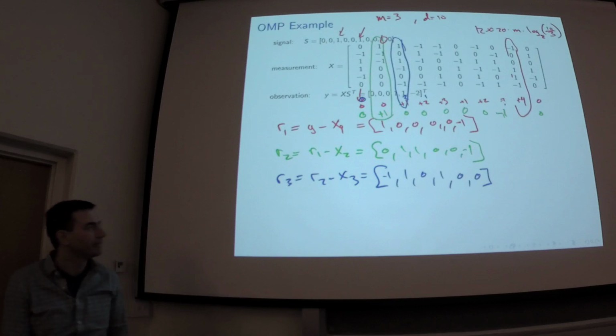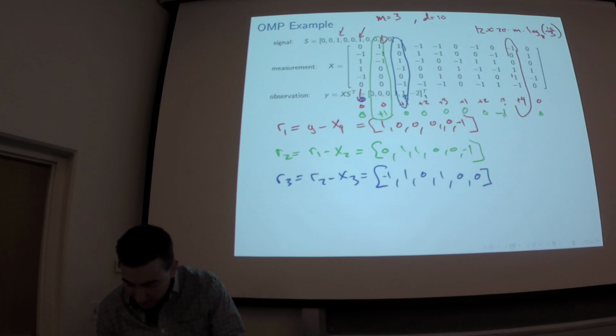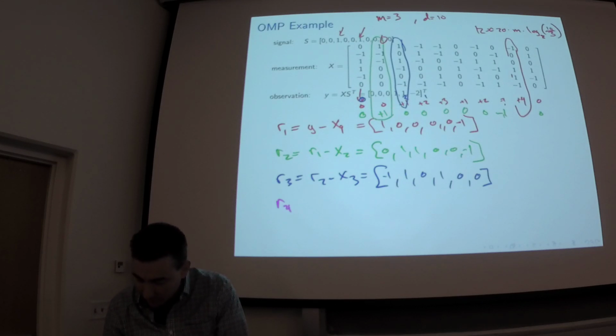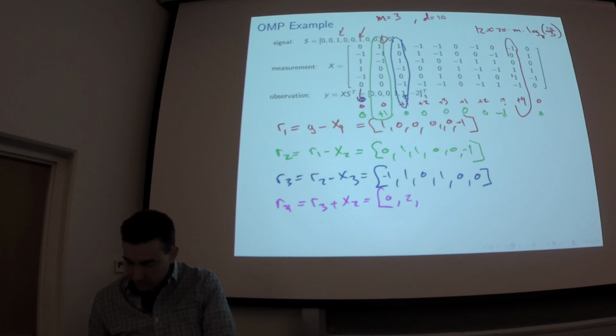So if I now subtract here, let's just quickly say R4 is going to be R3 plus X2. And so what's going to happen now is I'm going to get 0, 2.